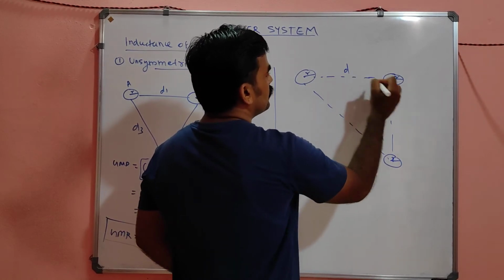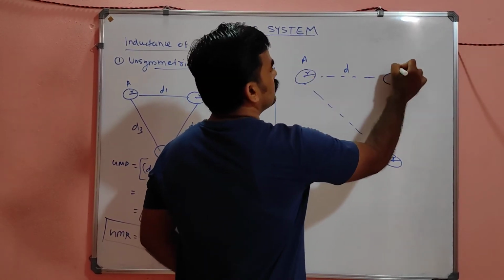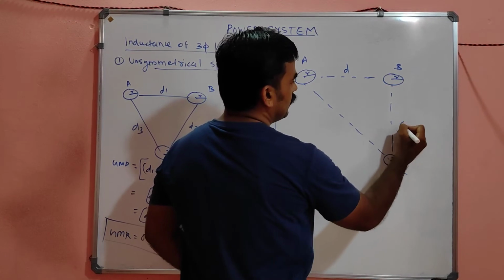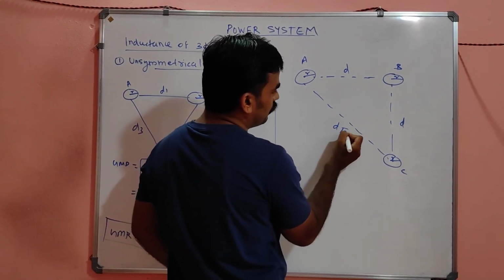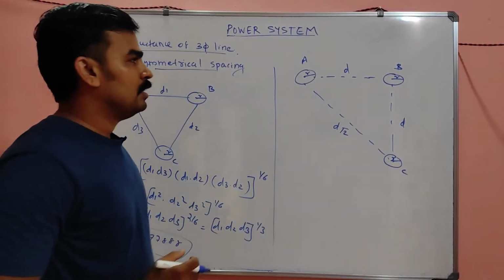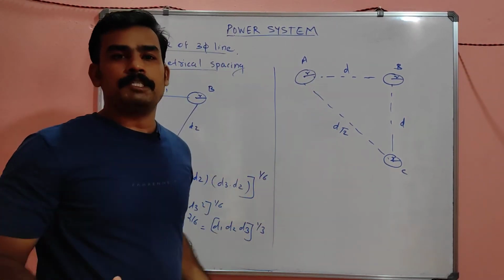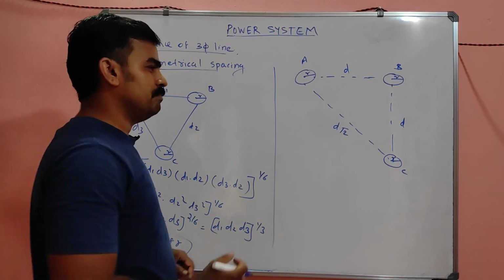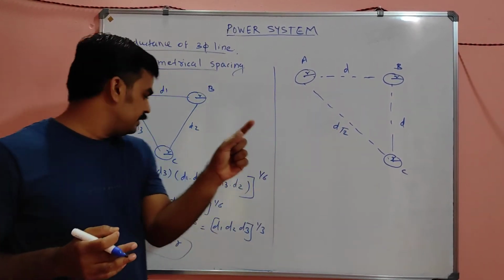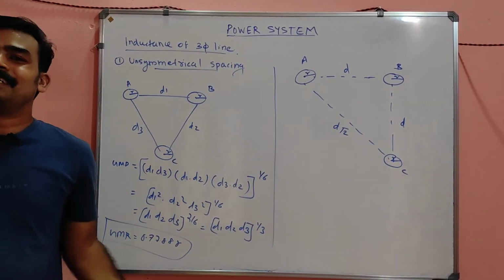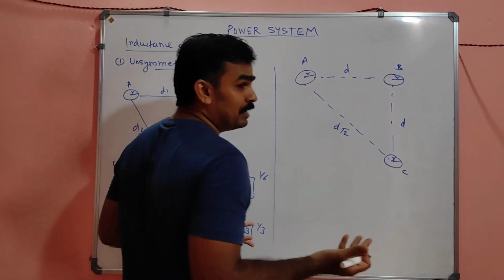Suppose this will be A, this is B and this is C. This is D and this is D, but this will be D root 2. So in between, every 3 conductors should be equally spaced, then only it is symmetrical spacing. If any one conductor and another conductor are not equally spaced, then it's called unsymmetrical. So this is also a type of unsymmetrical.